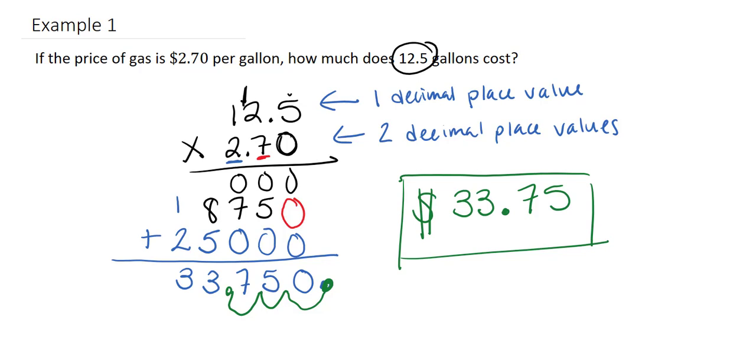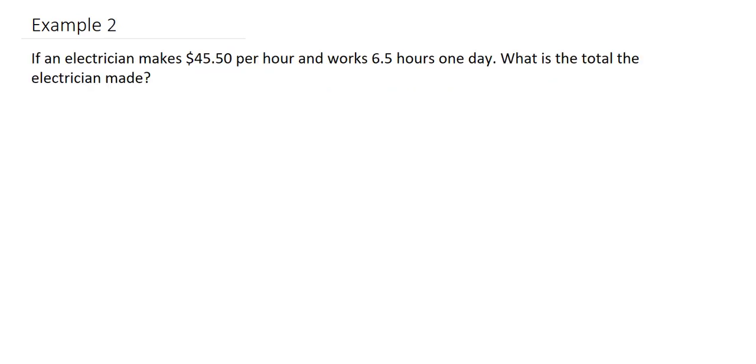Let's do another example. Example 2. If an electrician makes $45.50 per hour and works 6.5 hours one day, what is the total the electrician made?